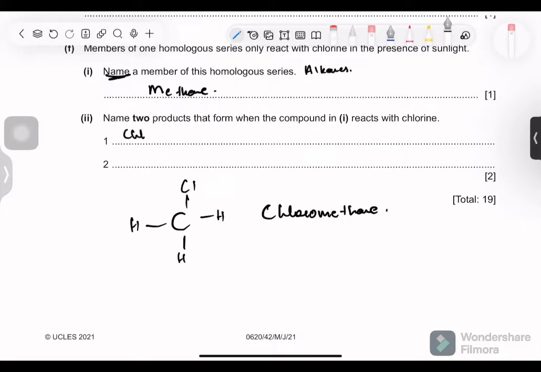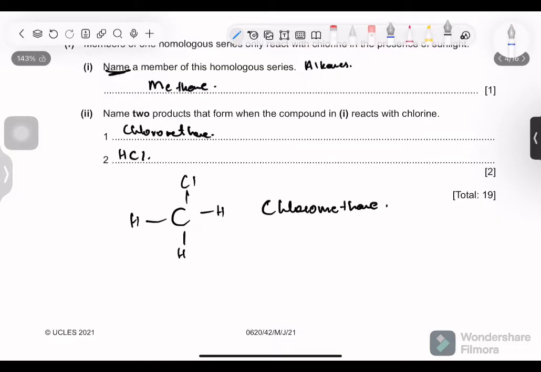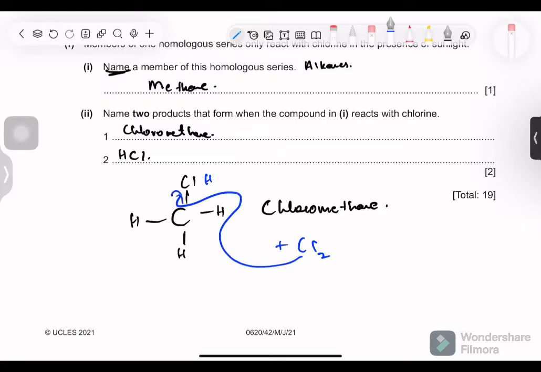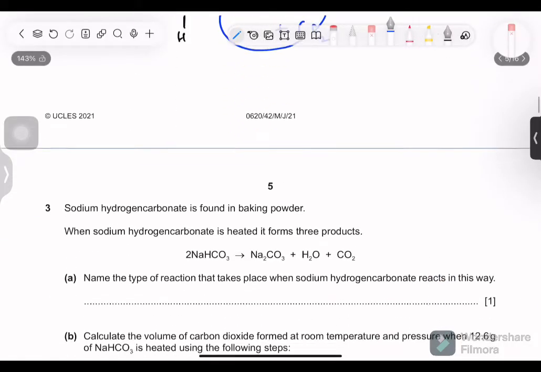Chloromethane, and obviously hydrochloric acid or hydrogen chloride, because there was originally a hydrogen over here and Cl2 was reacting. So one Cl goes here, the other Cl goes with this H, which is substituted.